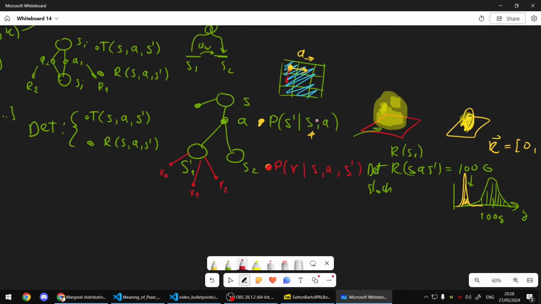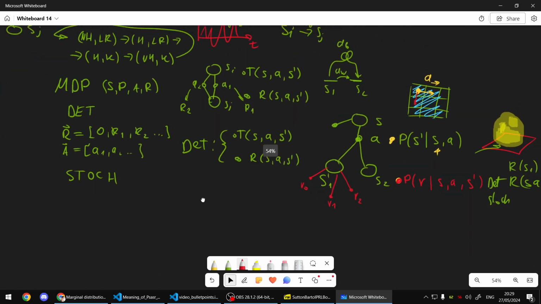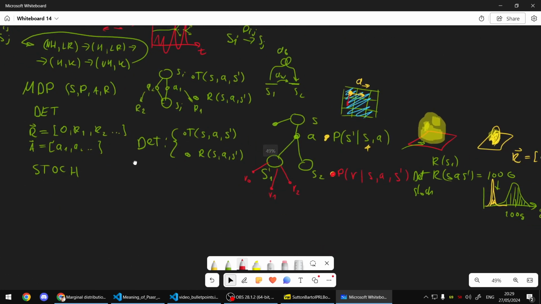Taking an action A from state S does not guarantee that you will end up in some S prime. It will be sampled from some distribution. Same as the reward: you don't have a guarantee, you just get a sample. So this is the idea.